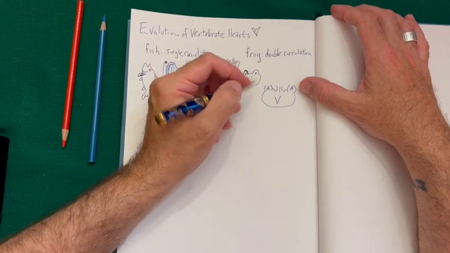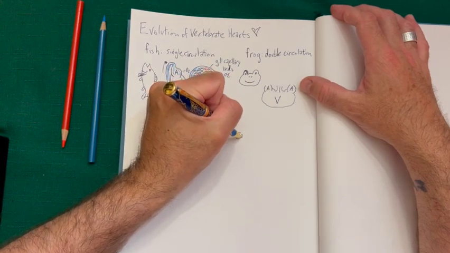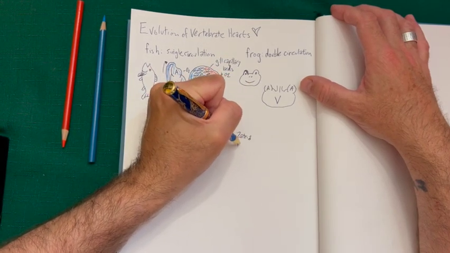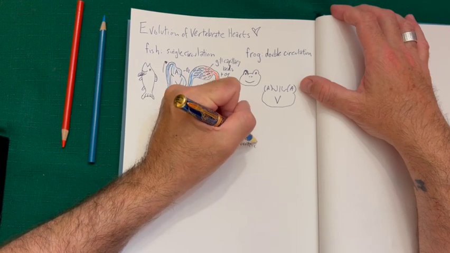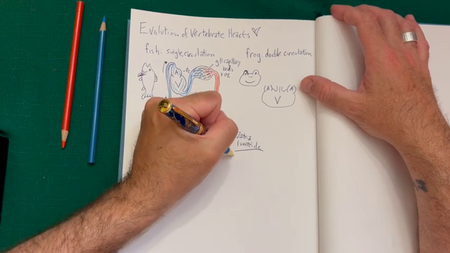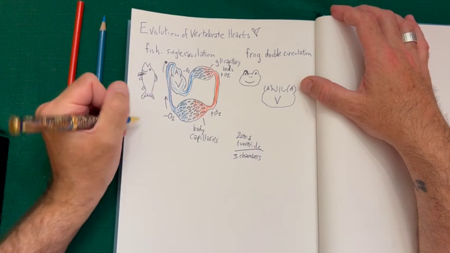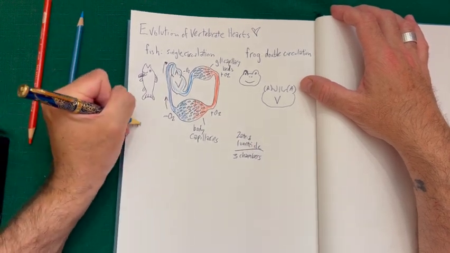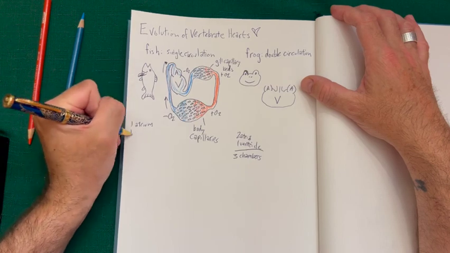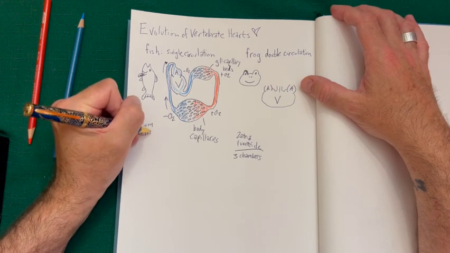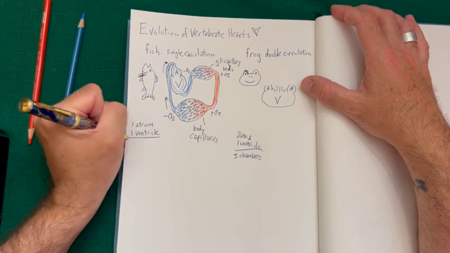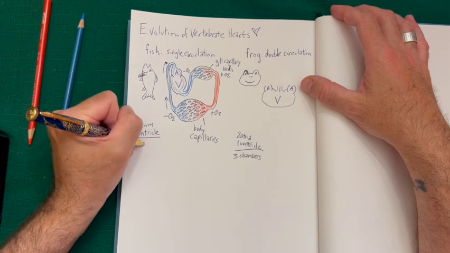So now we have a three-chambered heart here because we've got two atria and one ventricle, which means we've got three chambers. Over here, one atrium in the fish, one ventricle, for a total of two chambers.